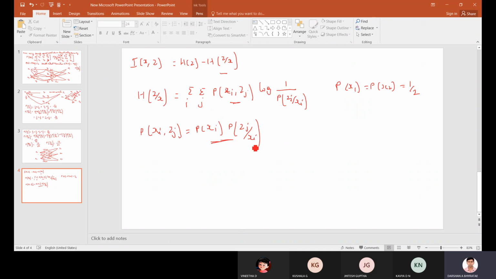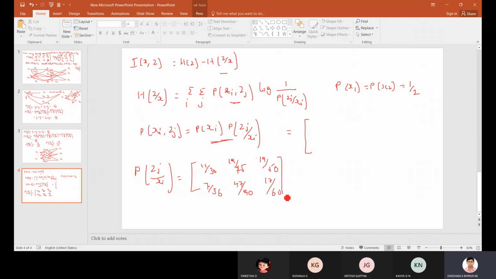Let me write the conditional probability matrix for P of zj by xi: this is 11 by 30, 19 by 75, and 19 by 50, and next is 7 by 36, 47 by 90, and 17 by 60.